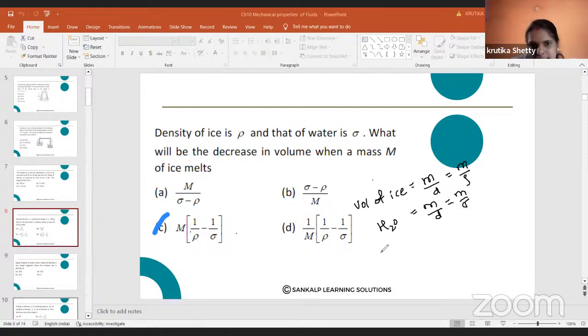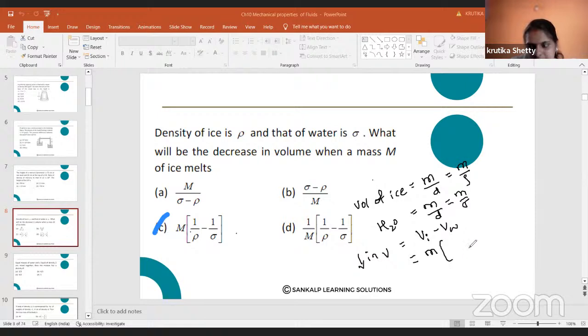So decrease in volume they are asking. So the decrease in volume is equal to volume of ice minus volume of water. So what comes here? Mass is common in both the equations.